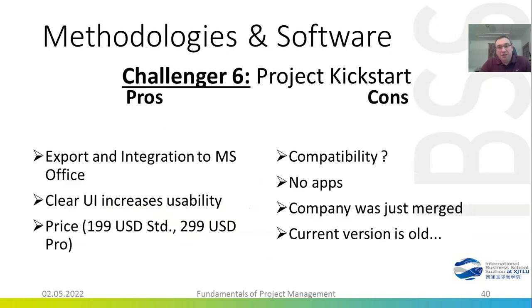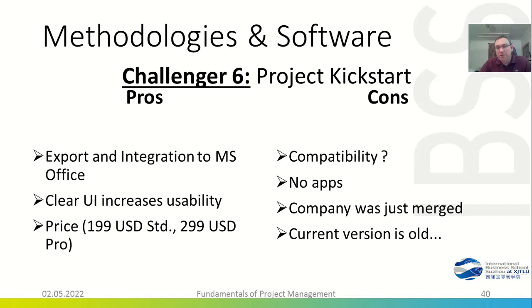There's also Project Kickstart, which integrates into MS Office, has a clear UI, and is relatively affordable at $199 or $299 US. The question is, what is the compatibility with it? And how does it integrate into your workflow?